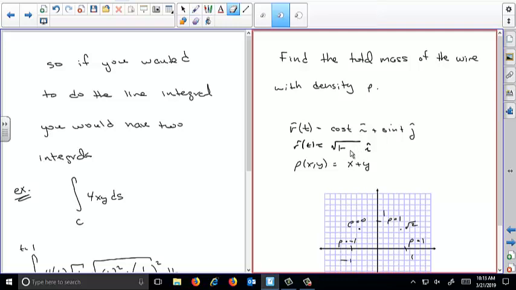Actually, I think you'd have x here, and you'd have the square root of 1 minus x squared j, because the y coordinate would be the square root of 1 minus x squared for a circle of radius 1. But they give it in parametric form initially, so I just wrote that out.